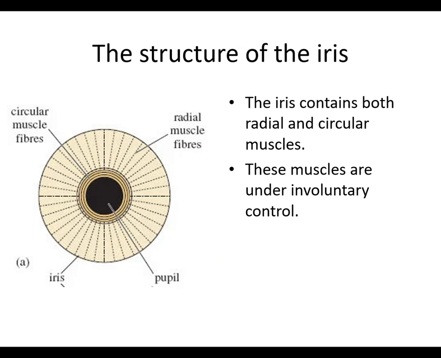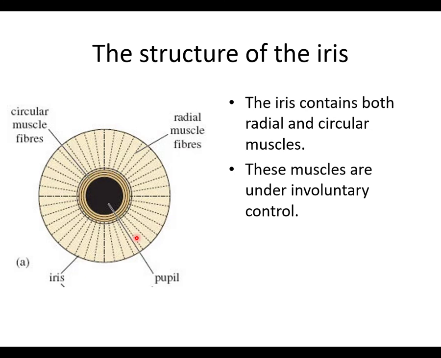Your iris has two types of muscles. It has radial muscle fibers that radiate out from the edge of the iris all the way out, and it has circular muscle fibers which go round and round the iris. All muscles can do is contract. Please remember this in your exams: they contract and relax.